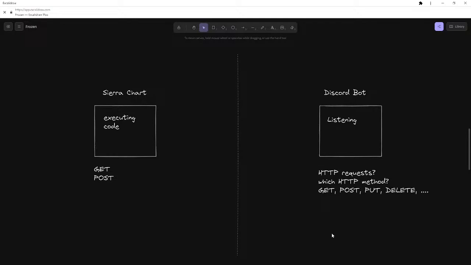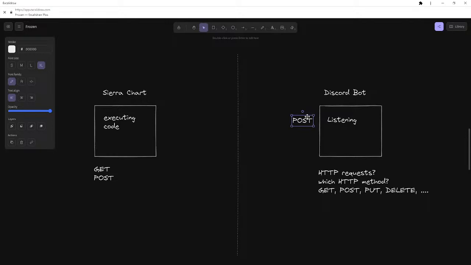You need to know what this is expecting, because if this is expecting a post and you send a get to this, it will probably toss it and not consume it. If it's expecting a get and you send a post, it's probably going to toss it and not consume it.